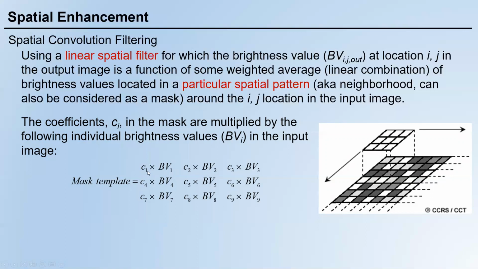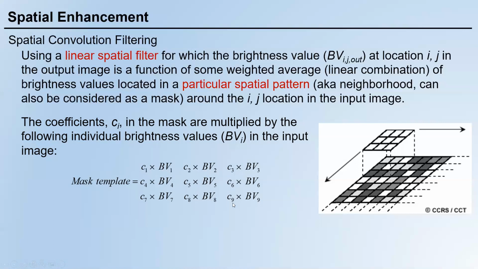Of course, you can change C1 to 1, which means BV1, the brightness value of pixel 1, will simply be added to your new calculated value for the central pixel. C1 can be 0, 1, 0.5, or 0.9. You have to assign a specific weight for each pixel within this window, so we have C1, C2, C3, until C9.